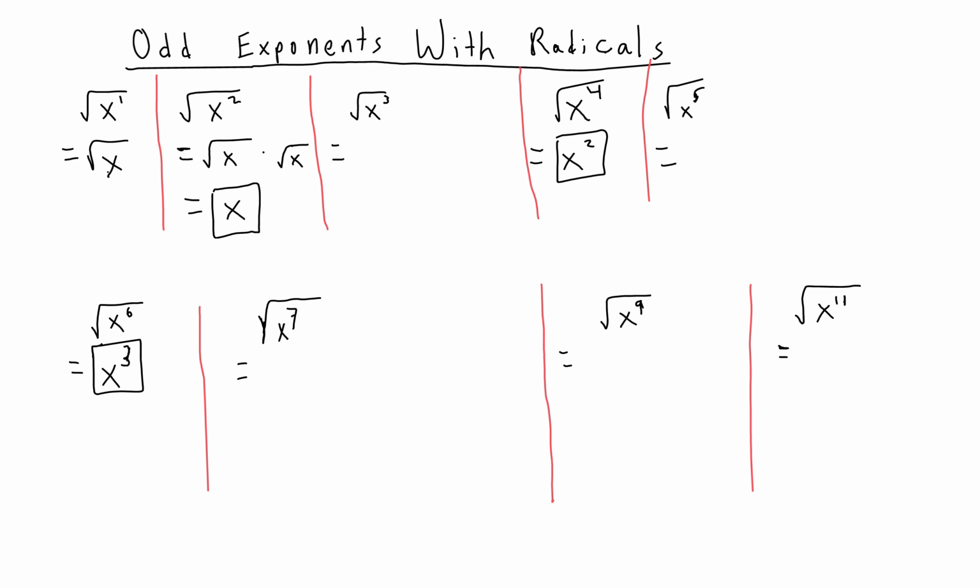So if we have x to the 6th power, we know we're going to have 3 pairs of root x's. So the square root of x to the 6th is x cubed.